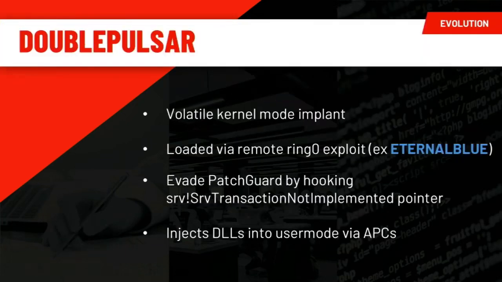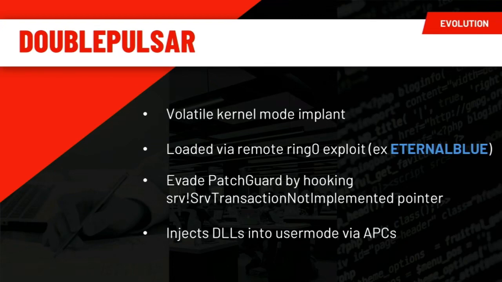DoublePulsar is also worth a strong mention, which is basically a lightweight kernel mode implant that lives only in memory, with no reboot persistence. It's typically loaded onto a system using a remote ring 0 exploit, such as EternalBlue. DoublePulsar allows attackers to get stealthy remote access onto the system and do network communications by hooking a function pointer in the SMBv1 driver.